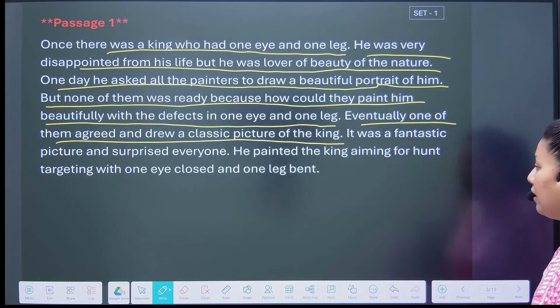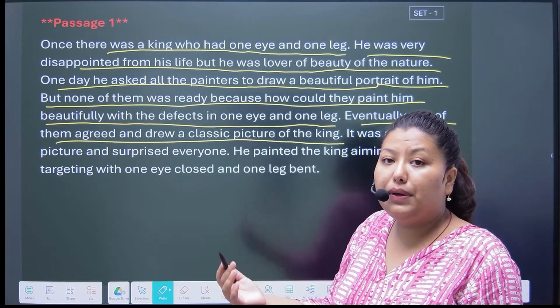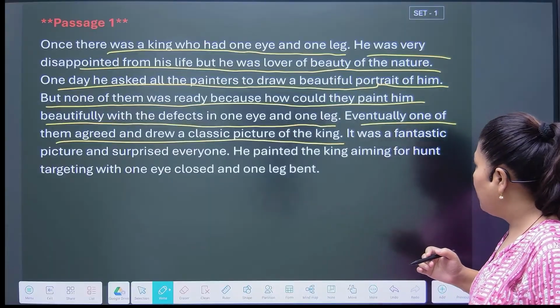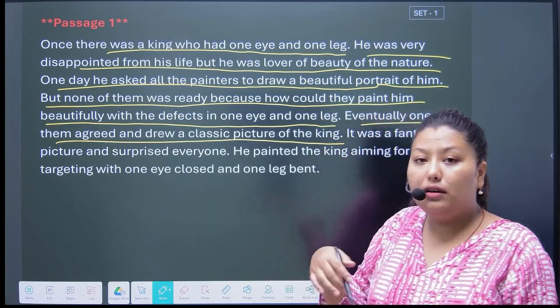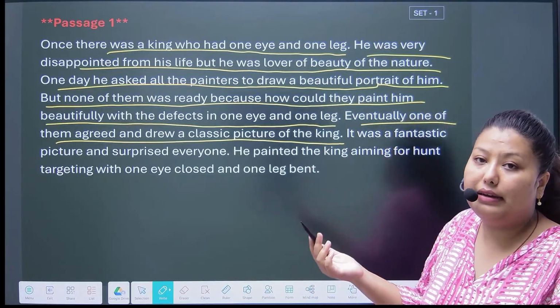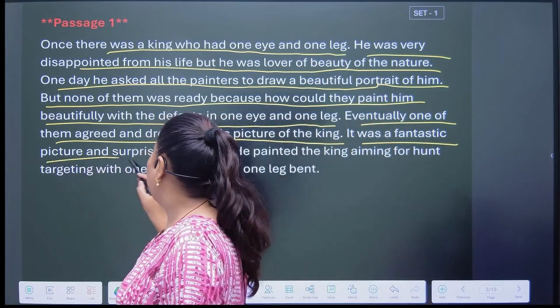Okay. After seeing the picture, next question. So when that painter painted the picture, how did everyone react? It was a fantastic picture and surprised everyone.